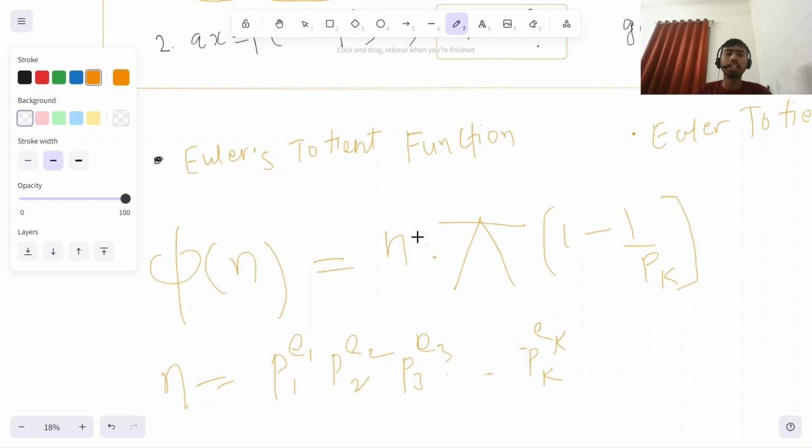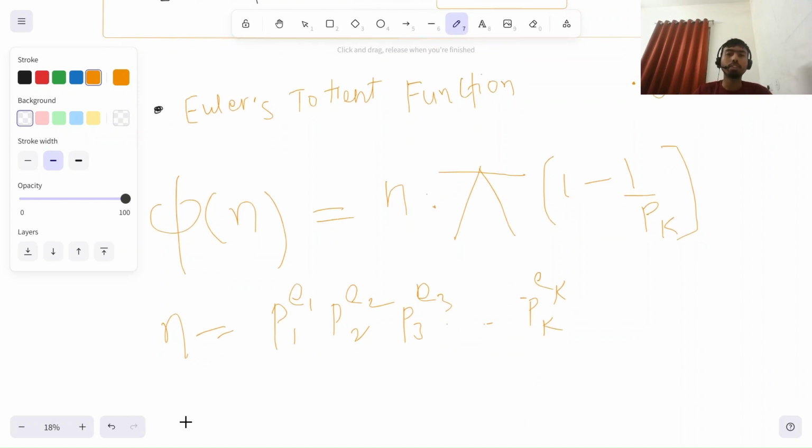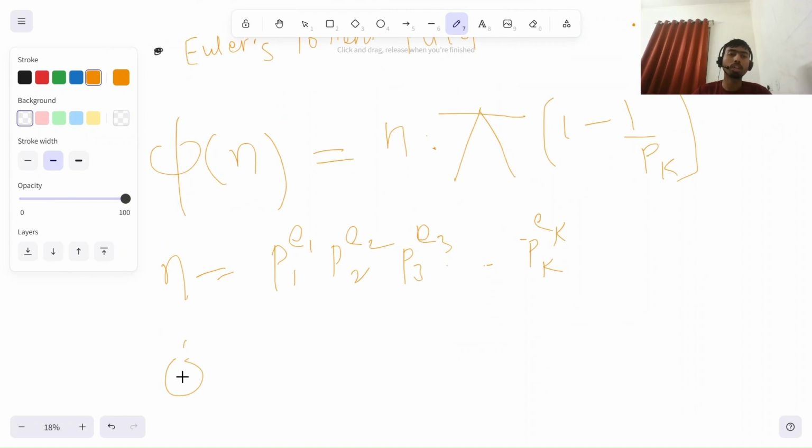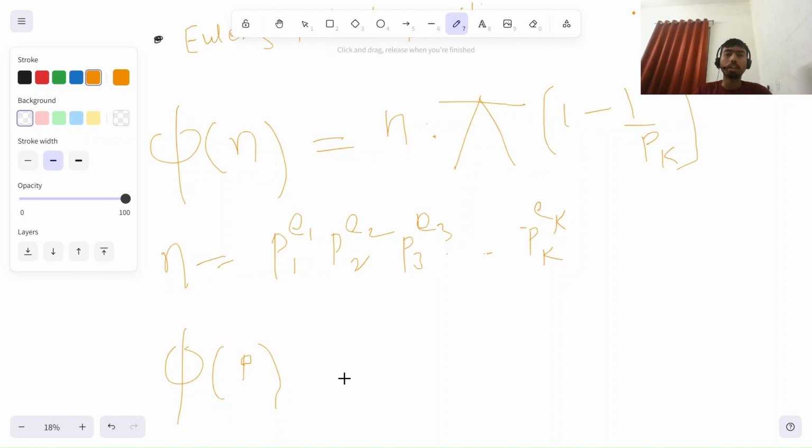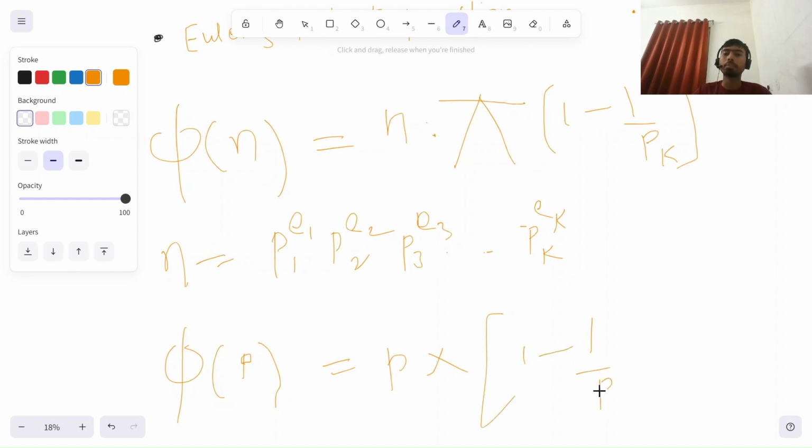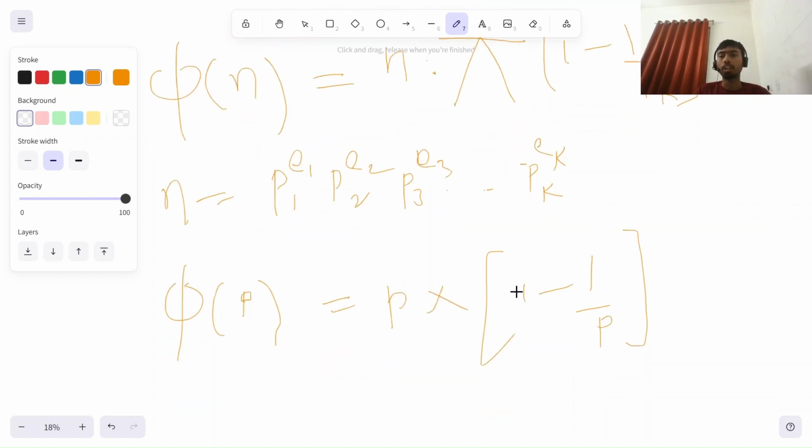Let's calculate the phi n value for a prime number p. The value is p multiplied by 1 minus 1 divided by p. Since p has only one prime factor, which is p itself, I have written only one bracket.